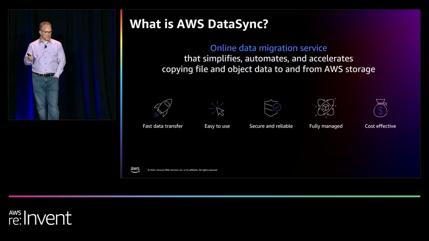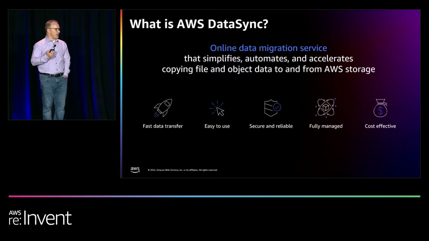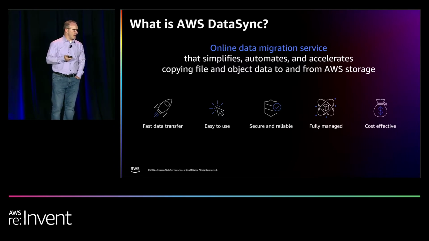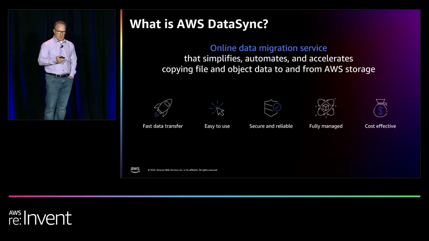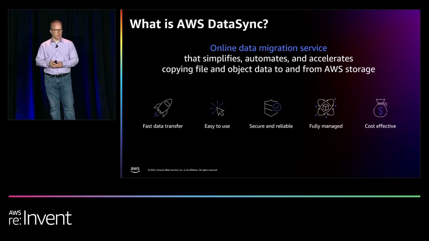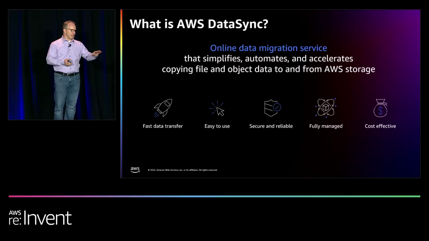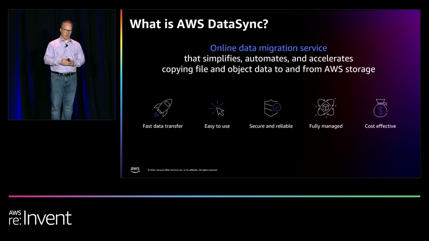It's fast, right? We've built AWS Data Sync with a custom-built parallel protocol that speeds transfers. It's easy for you to use. It's secure and reliable. So all of the data in flight is encrypted. We also support encryption at rest as well. There's also capabilities within the service to deal with resiliency around network drops and retries.